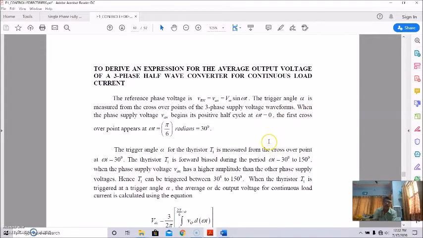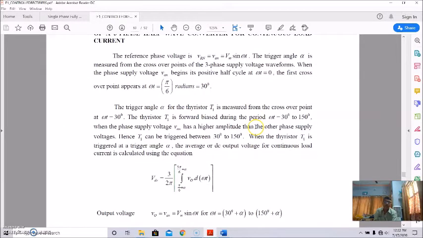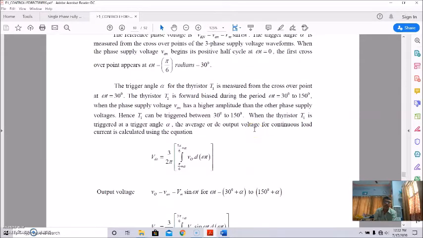Alpha is measured from this crossover point of the three-phase supply voltage waveform, and the phase supply voltage Vn begins its positive half cycle at omega t equal to 0. The first crossover point appears at omega t equal to pi by 6, that is 30 degrees, and the trigger angle is alpha.